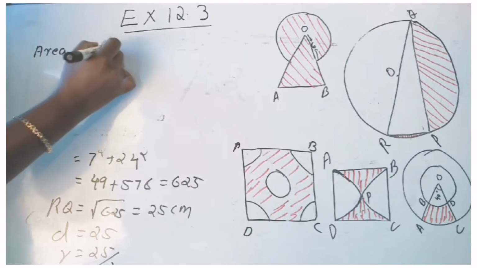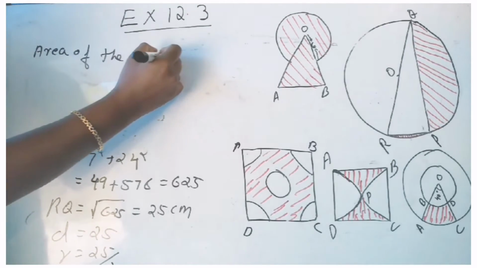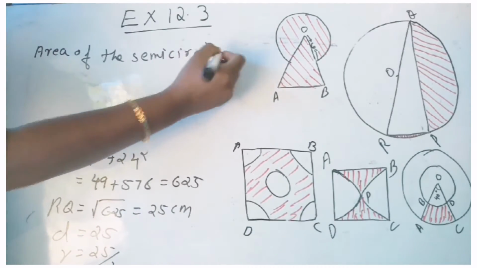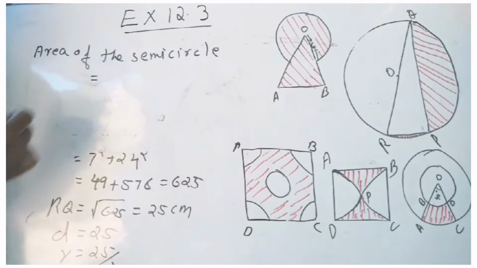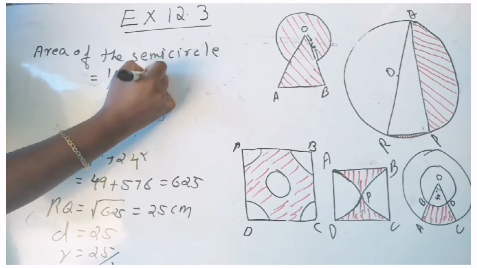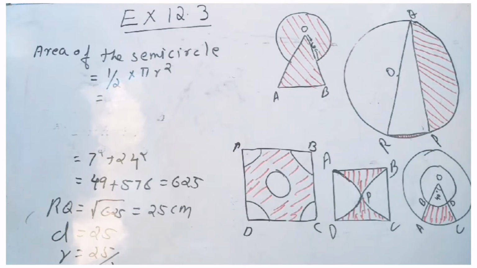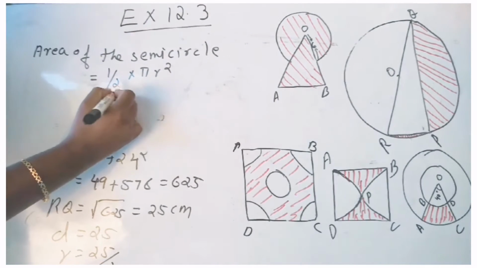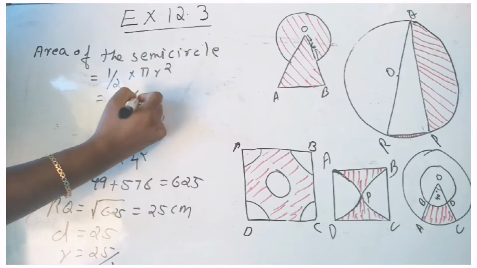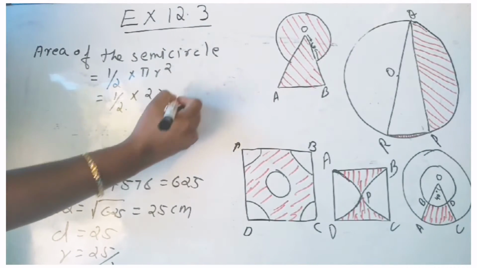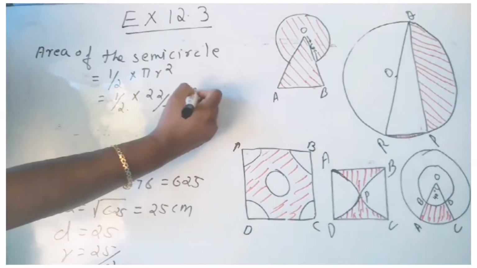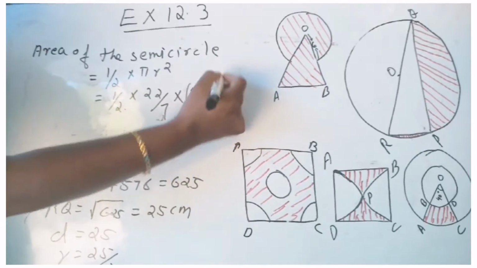Area of the semicircle is equal to the formula 1 by 2 pi r square. That is equal to 1 by 2 into 22 by 7 into radius 25 by 2 all square.